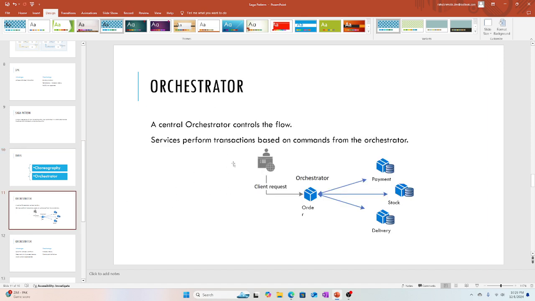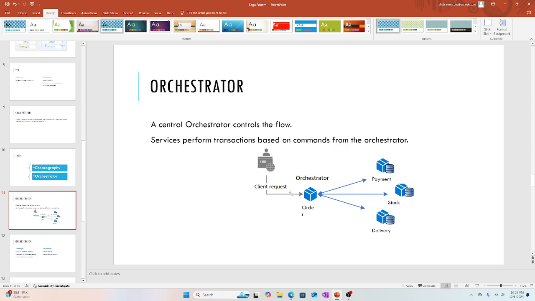The orchestrator Saga pattern is basically a central control service. There is one central controller, which can be a service. In this case we have the order service as the orchestrator. The client requests an order, and that request lands on the order service, which is responsible for communicating with the payment, stock and delivery services.